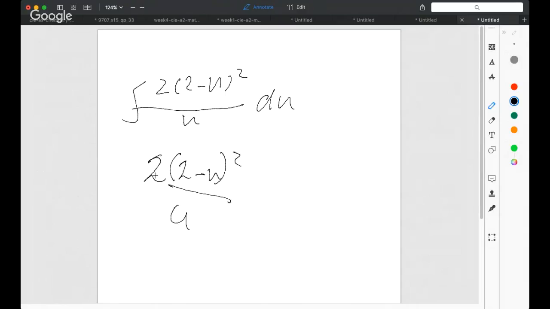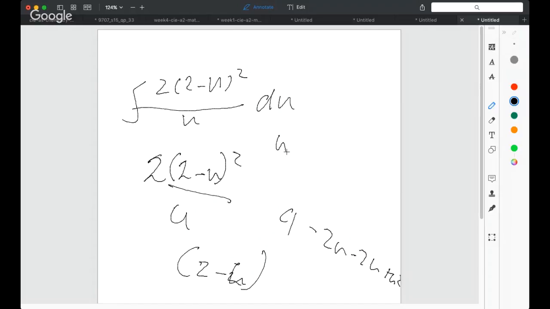First you expand the expression on the top. That would be 2 times 2, 4, minus 2u minus 2u, plus u squared.